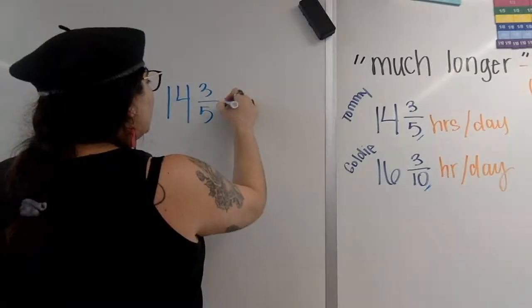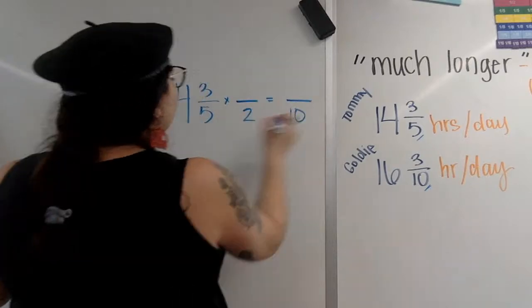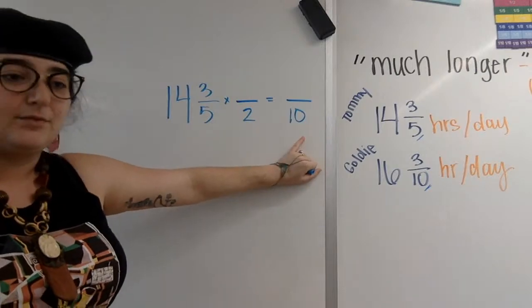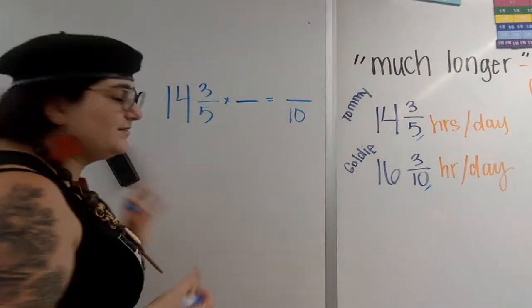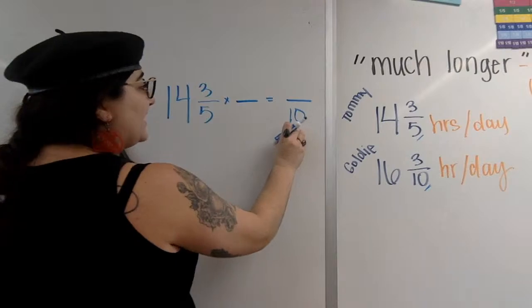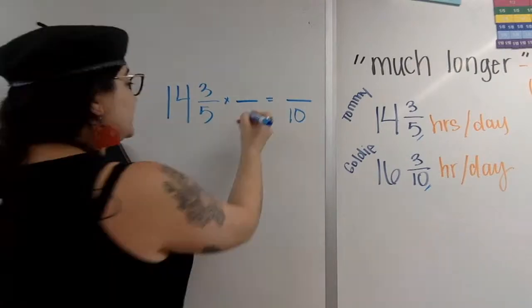So I'm going to multiply, because I know that whatever I multiply this by, my denominator is going to be 10. I love these kinds of problems where we think, okay, what times 5 equals 10? We can also look at this as what divided into 10 gives us 5. Well, we know it's 2.